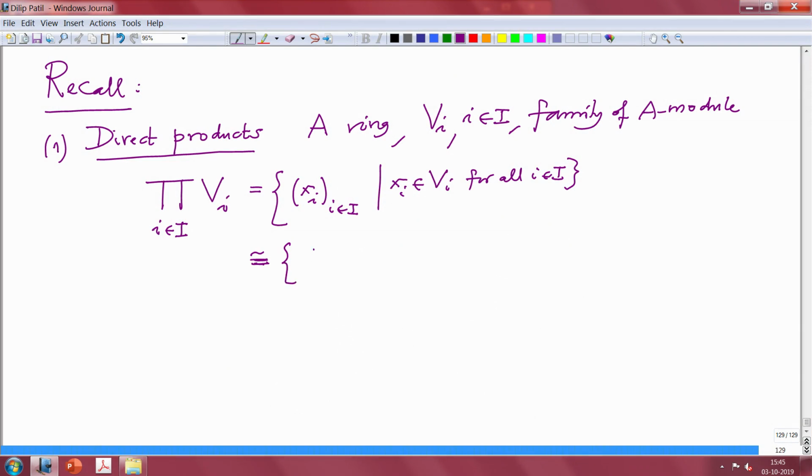So, better to think the same thing, which you can identify, with maps, I will use a different letter, not f, maps iota from the set I to the union of the Vi, such that iota of i belongs to Vi.